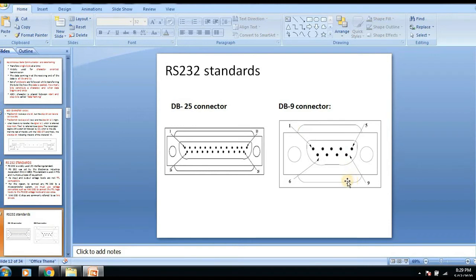In our discussion we will concentrate on the DB9 connector, that is, the specific significance of all the 9 pins present in the RS-232 DB9 connector.